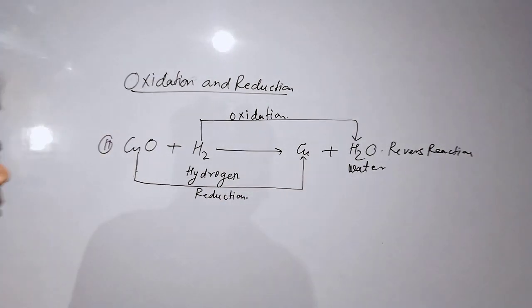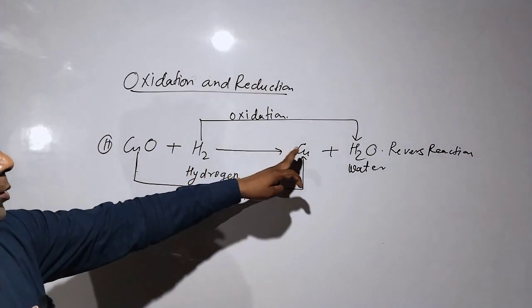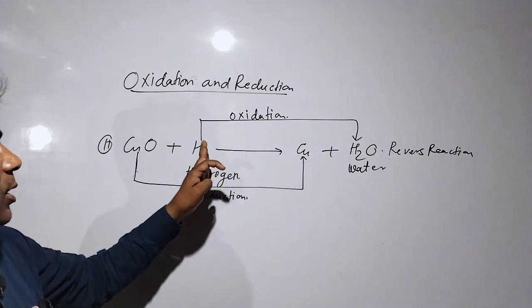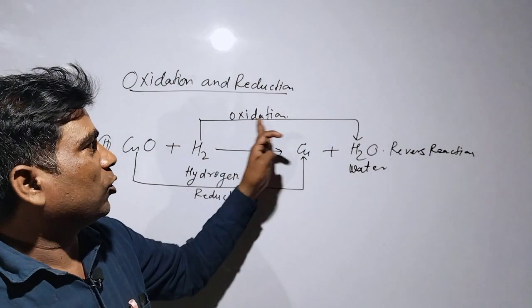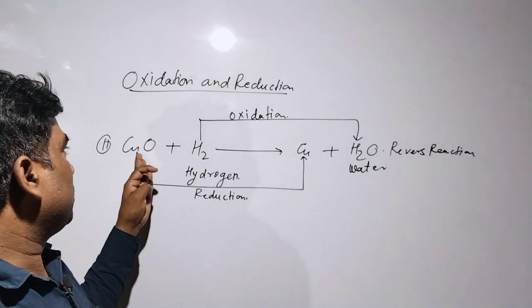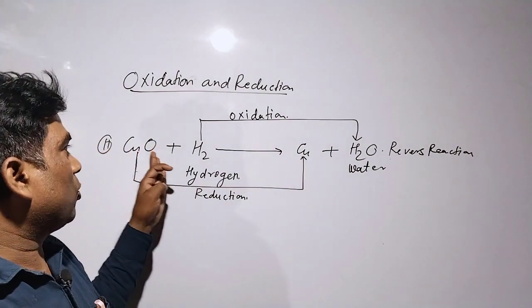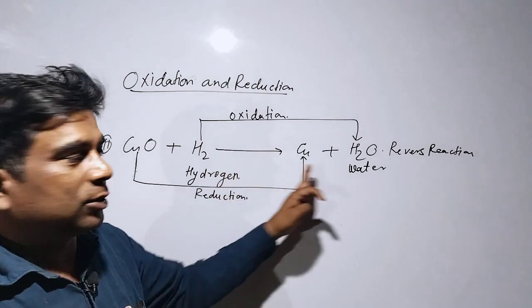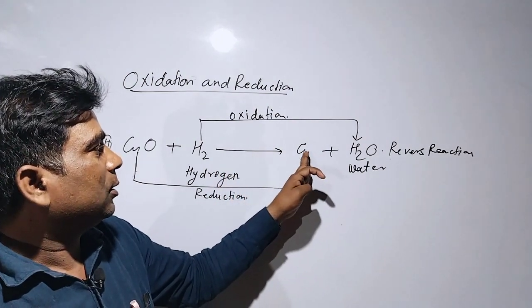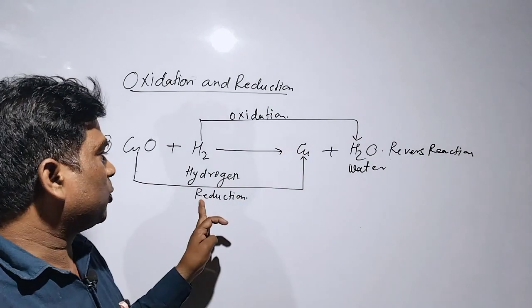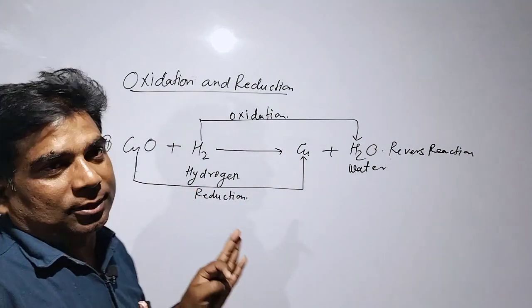Hydrogen obtains oxygen. This process is known as oxidation, and cupric oxide loses oxygen to obtain copper. This process is known as reduction.